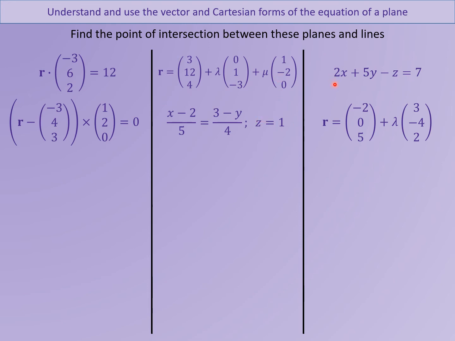And then can you do this one here where you've got a Cartesian form and a vector form? So can you find where each of those three lines cross with those three planes? I'm going to pause. You need to do the same. Pause it, have a go at all three of those, and then when you feel ready, press the play button and compare it to my solutions.